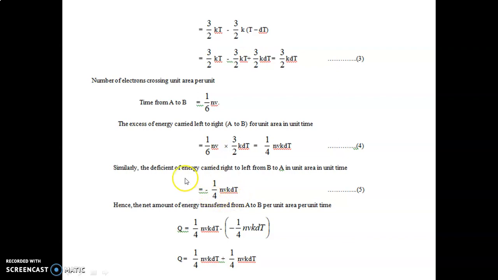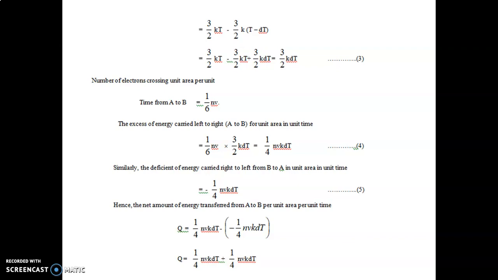So this deficient of energy will be a negative energy. Now some amount of energy is transferred from hot end to cold end, that is cross section A to B.